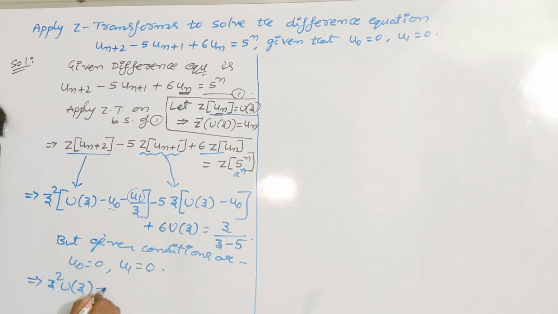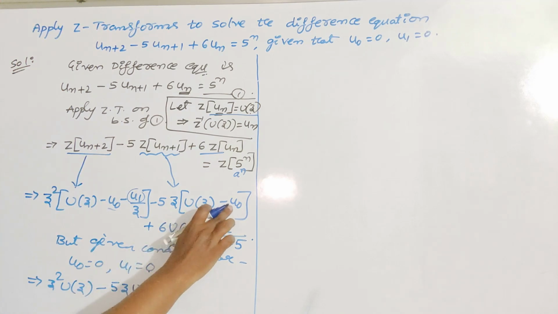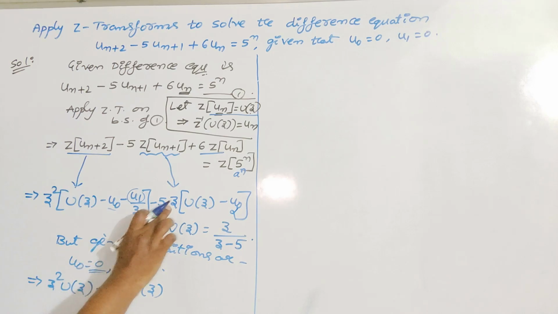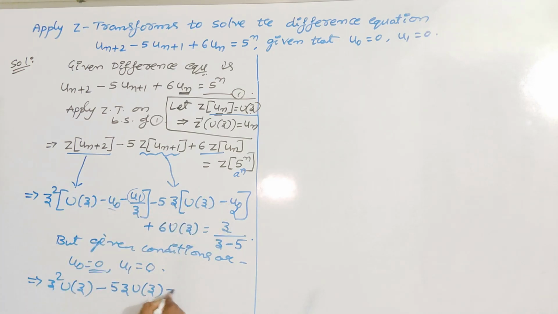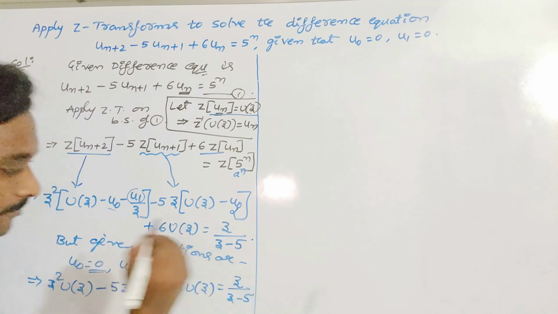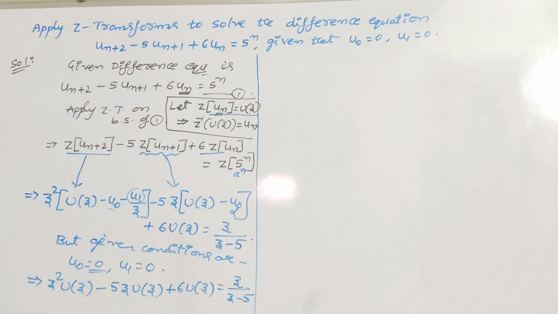Minus 5z into U of z. The other term is also 0 because u0 is given as 0. Plus 6 into U of z is equal to z by z minus 5. Now we observe that in every term on the left-hand side we have U of z.